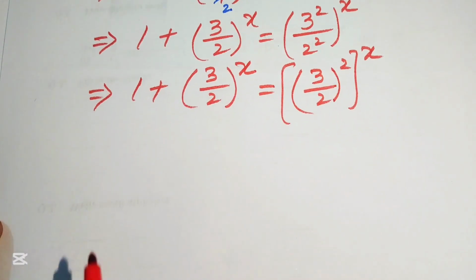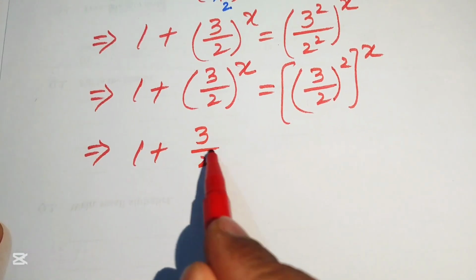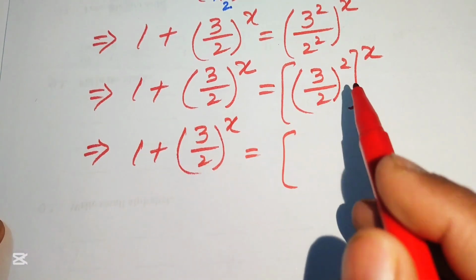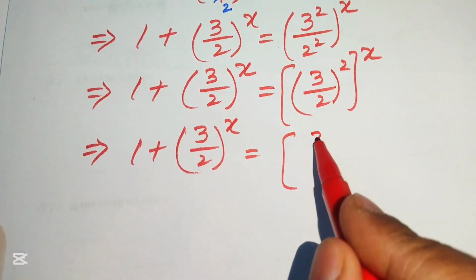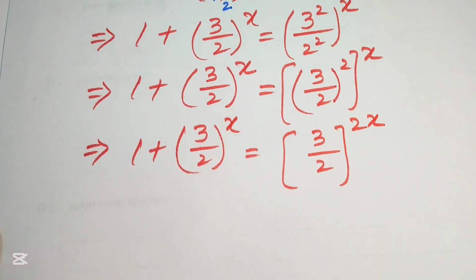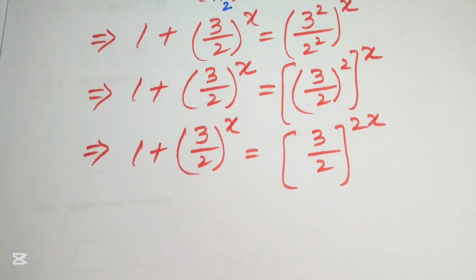After this step we have 1 plus 3 over 2 and its exponent is x equals to, here we multiply these two exponents and it will be written as 3 over 2 and its exponent is 2x, because this is 2 multiplied by x equals to 2x.